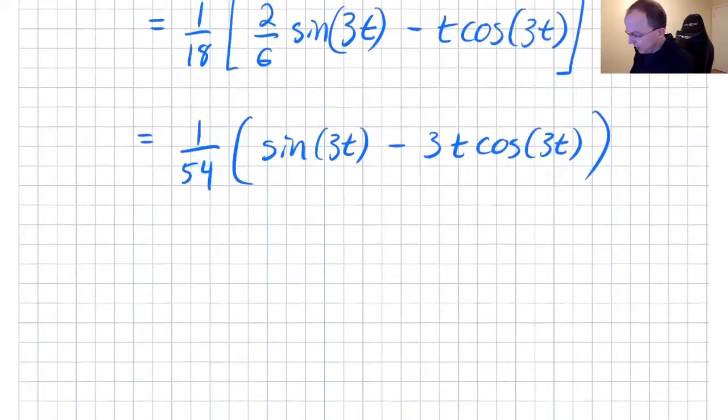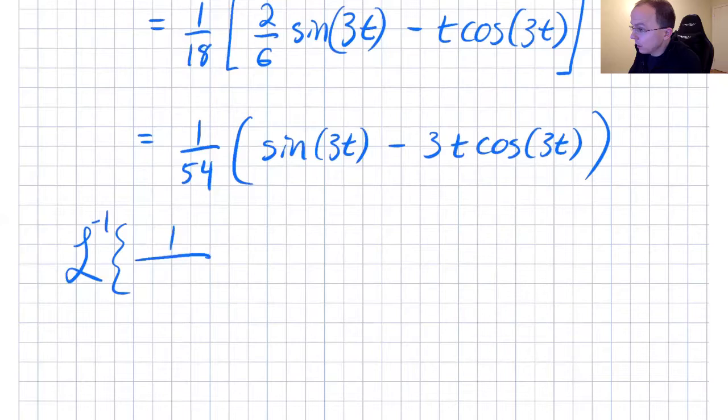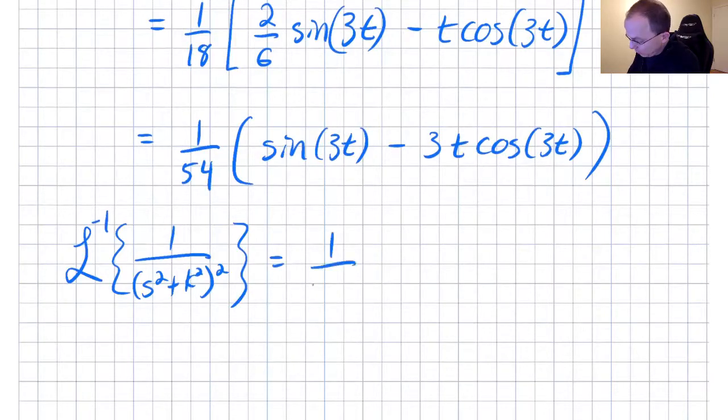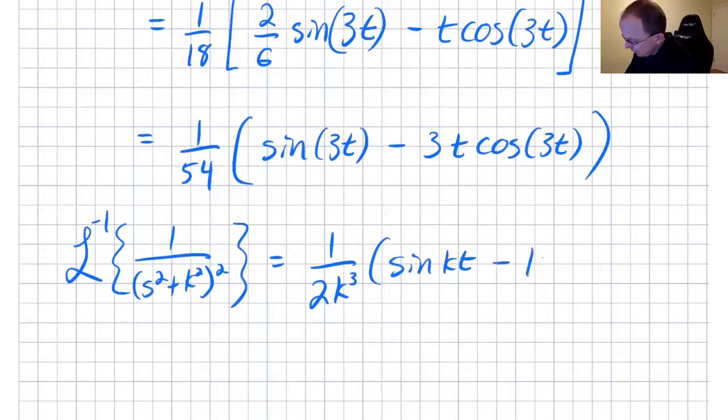Now just to compare, the general formula for the inverse Laplace transform of 1 over s squared plus k squared, squared, is equal to 1 over 2k cubed times sine kt minus kt cosine kt.